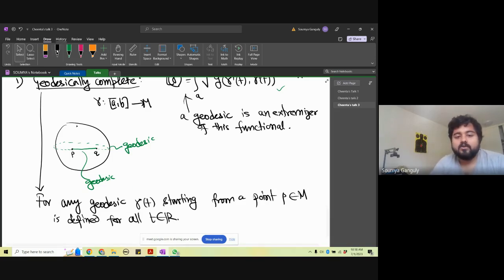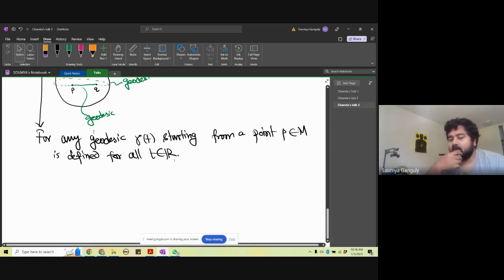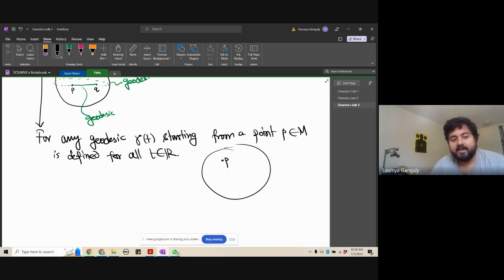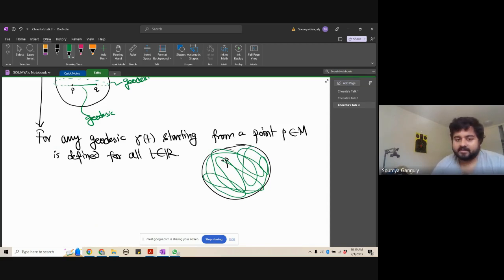Now, what do you mean by this? It means that suppose you are on a manifold, you have a point P, you start defining a geodesic, and you can define it forever. Like this. Basically, yeah, it is really like this.